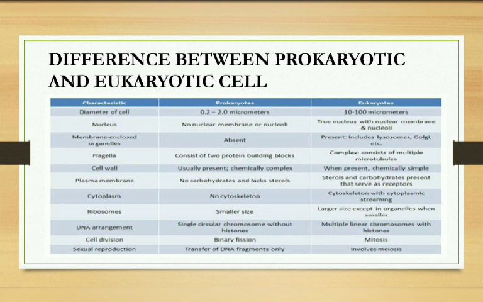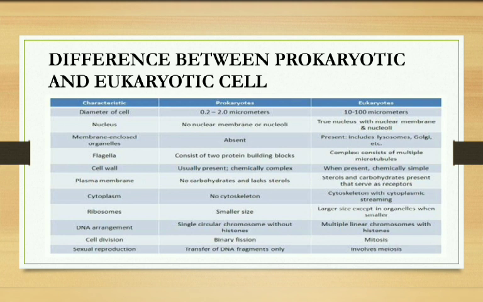Cell wall in prokaryotic cell is called capsule, and a simpler one. Plasma membrane is there. Cytoplasm, no cytoskeleton in prokaryotic, and in eukaryotic cytoplasm is present.